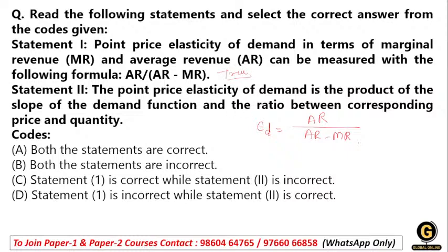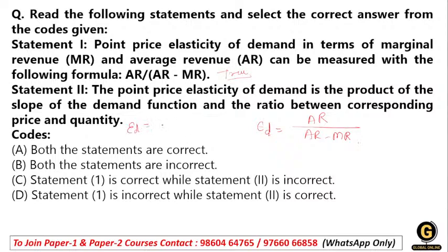Then statement number 2: the point price elasticity of demand is the product of the slope of demand function and the ratio between the corresponding price and the quantity. So what formula?